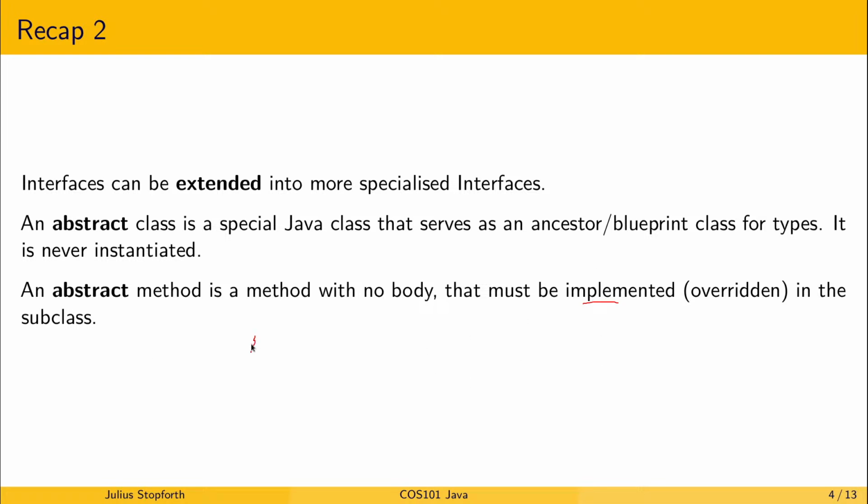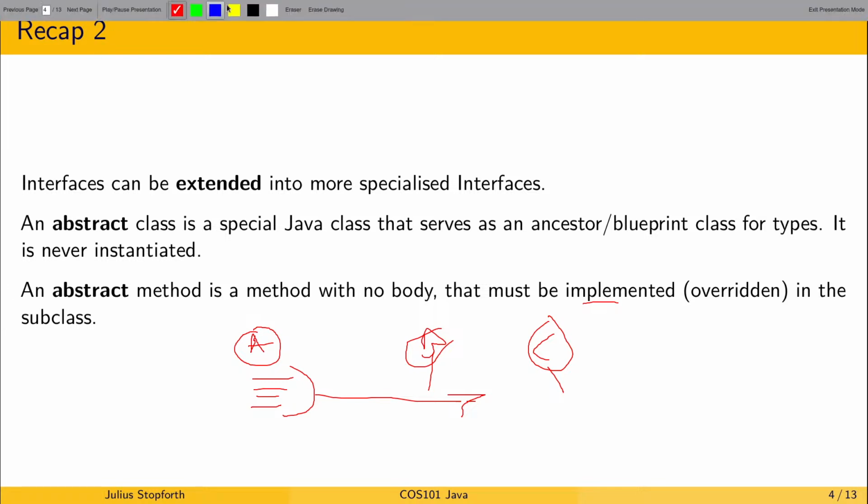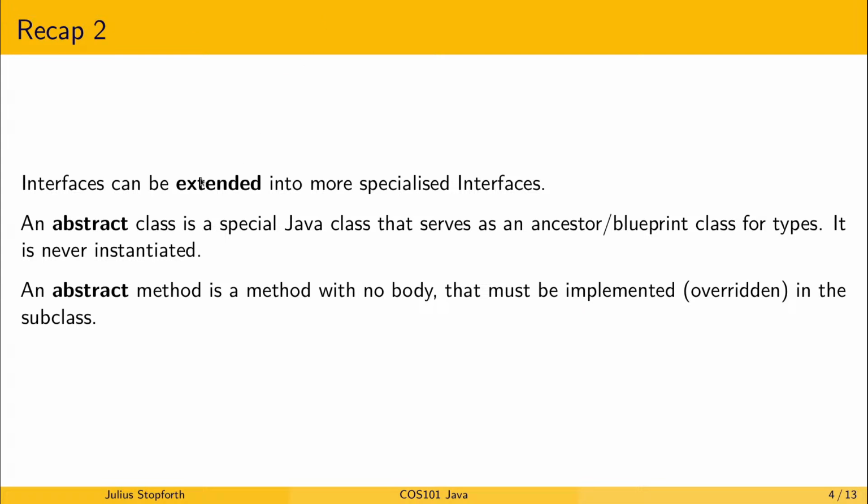An abstract class can have multiple abstract methods, and then it is up to the subclasses, which might be a little bit different each, but they all have to implement those methods. So it's a way for us to set up a class interface with a small i using an abstract class. All right, so that's it for the recap.